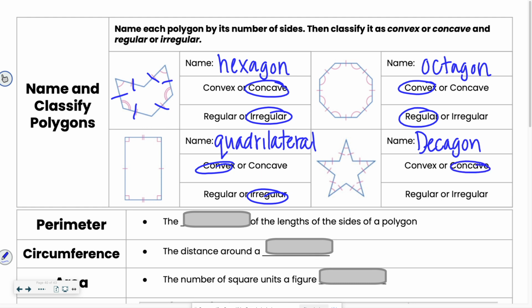This last one's tough. Regular or irregular? You want to say regular because everything that's marked is the same. But we don't know what this angle measure is, or this one, or this one. So it's irregular. Another rule of thumb: if it's concave, it's never going to be regular.